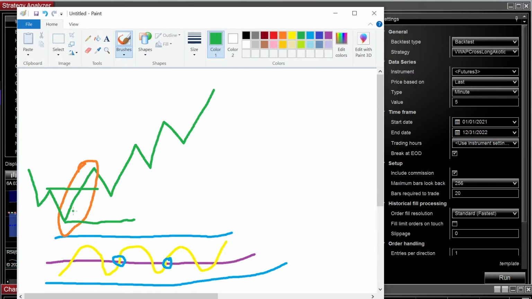Basically, price makes a new high, RSI has to cross below the 50 line. And you can pretty much test this out yourself by just asking yourself, before the trigger even occurs, can you visualize what market state we're in?